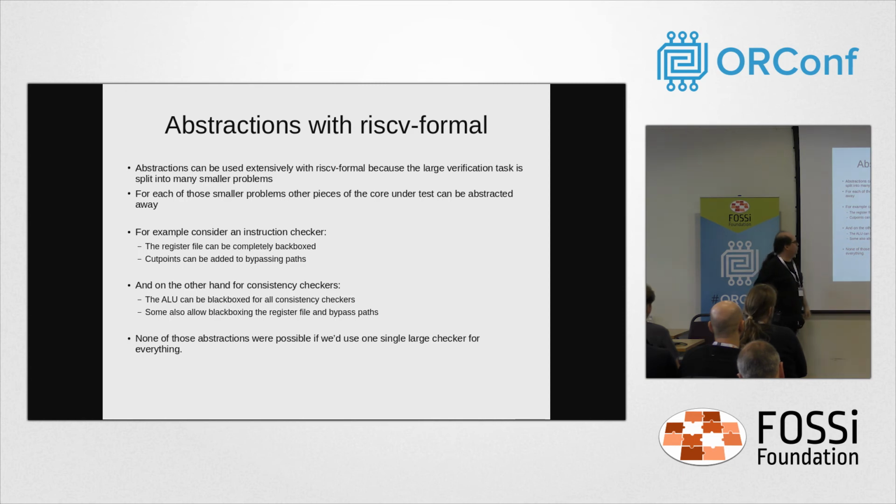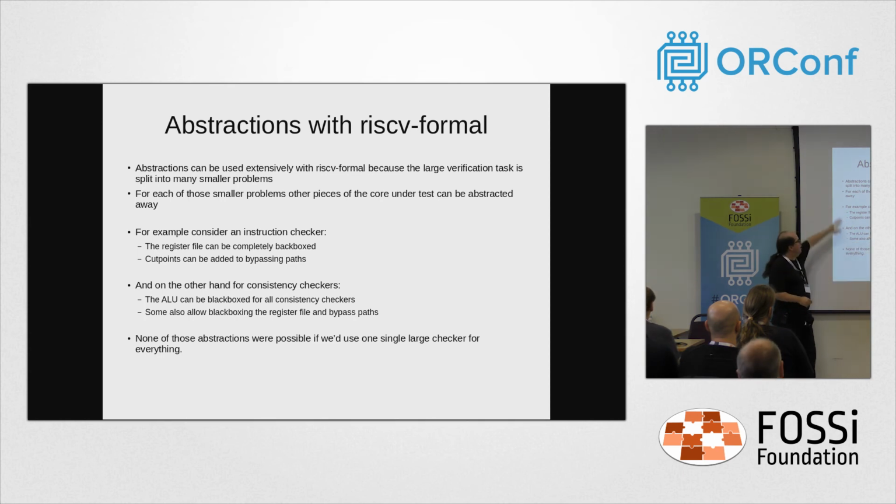On the other hand, when I look at the consistency checker, it doesn't care if the ALU actually implements the operation correctly for each and every individual instruction. It only checks if the value written to a register file by one instruction, for example, is consistent with the value read later on. So for this kind of check, we can disable the ALU. And for some other checks, like the program counter forward-backward checks, we can also black box the register file again.